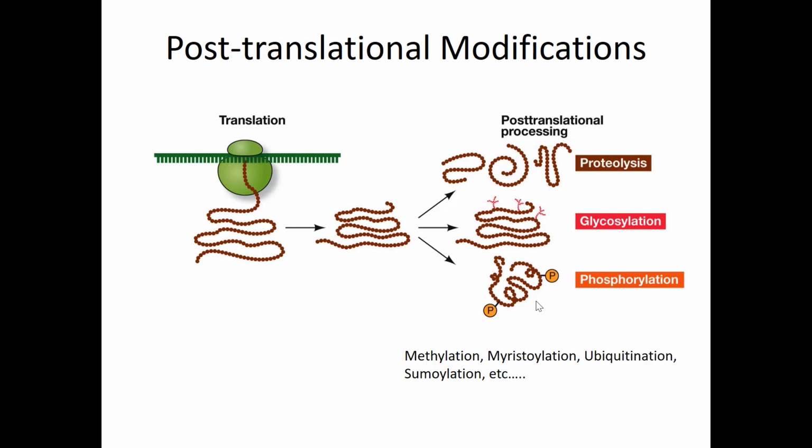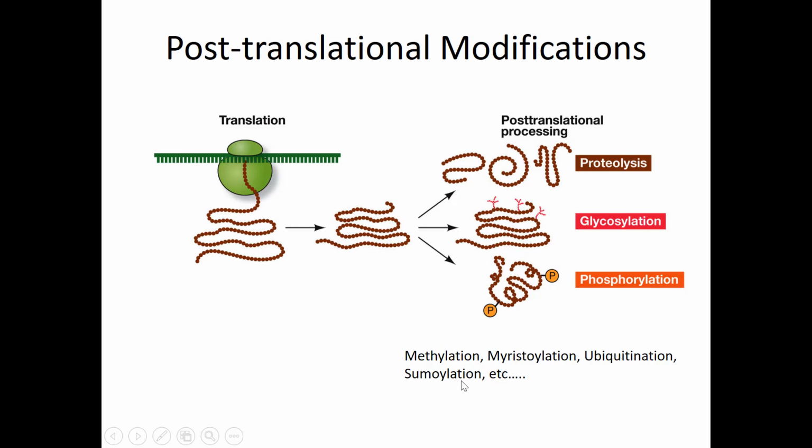And so some additional modifications: methylation, sometimes you'll add a methyl group to amino acid residues in the polypeptide, or myristoylation, which is adding a myristic acid group to the protein. Ubiquitination, adding a ubiquitin onto the protein to modify it.